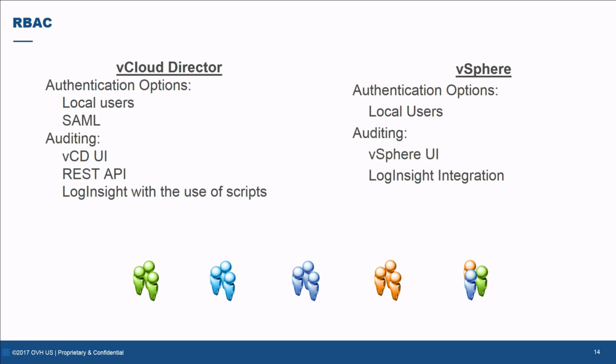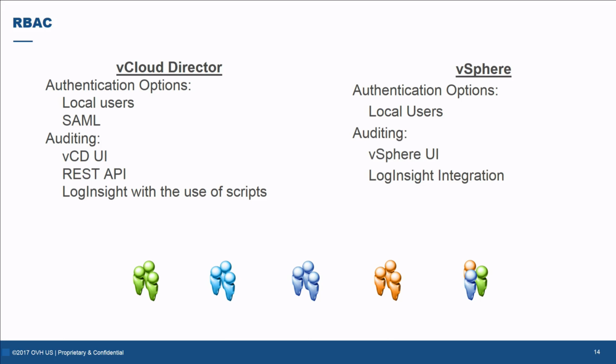If we compare vCloud Director and vSphere options, keep in mind that with vSphere, role-based access control is limited to SSO administrator. Usually cloud providers won't give you access to SSO administrator, because that means the tenant would have access to everything, which limits the options of role-based access control.